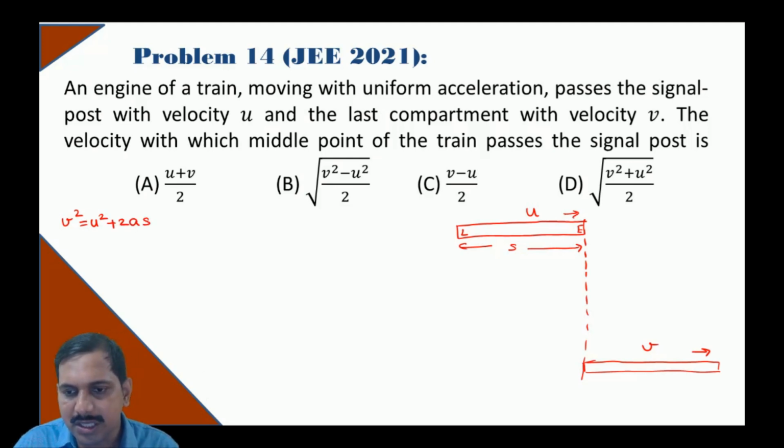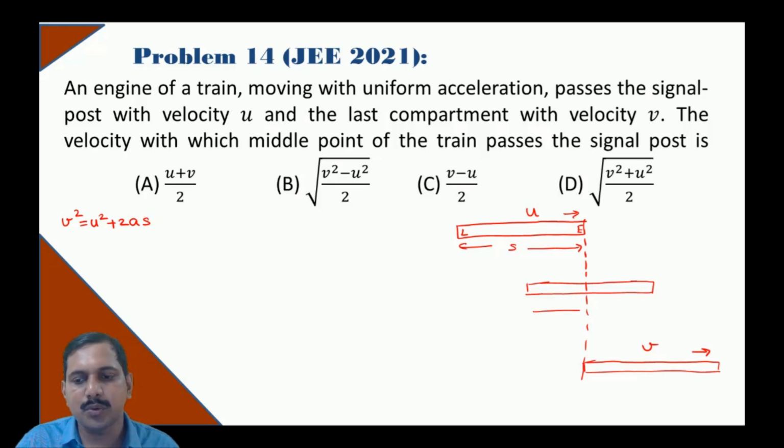Now what is required to find out is when the train is in the middle. So when the midpoint is moving through the signal post, that means this would be s by 2 and this would be s by 2. What is the velocity? We will call this velocity Vm, velocity in the middle.